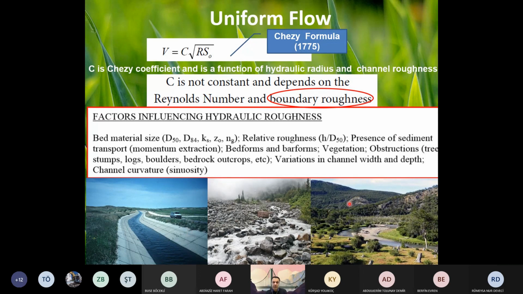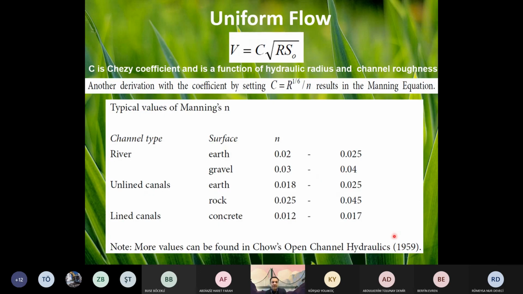And I will introduce you to a new roughness coefficient, which is called Manning roughness, which is more useful in practice to calculate velocity.